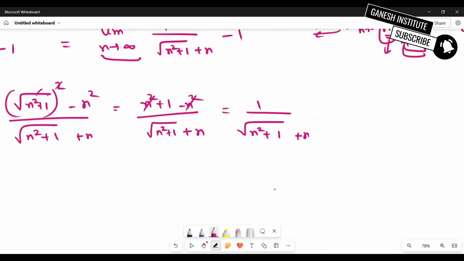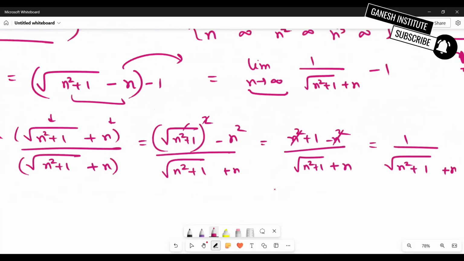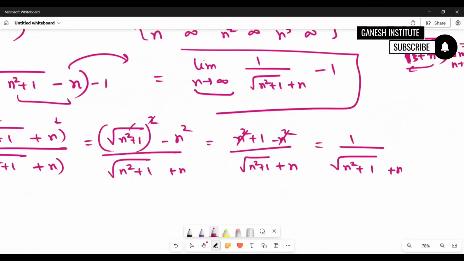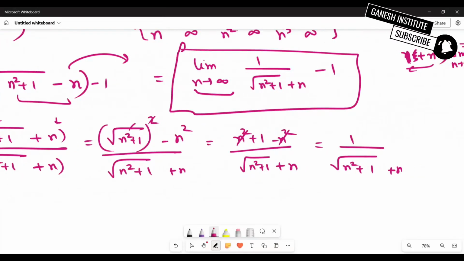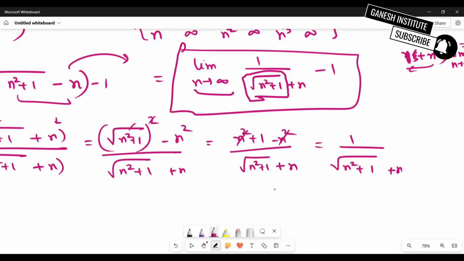Yes. So now where's the question here? Actually, this is my question. What should I do with it? Can you see the square root of n square plus 1?